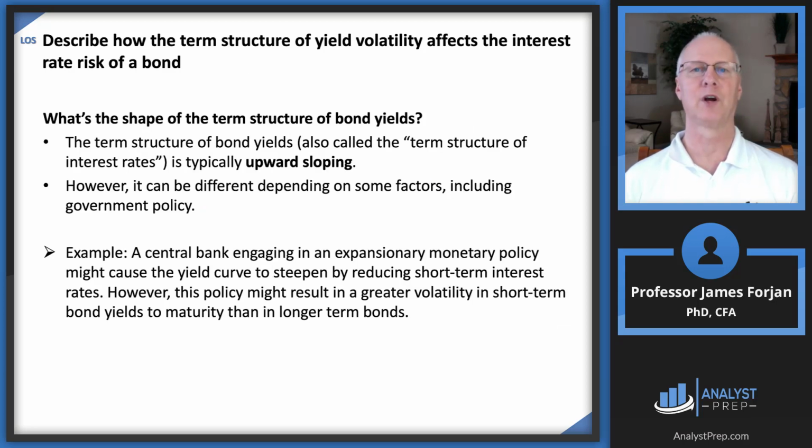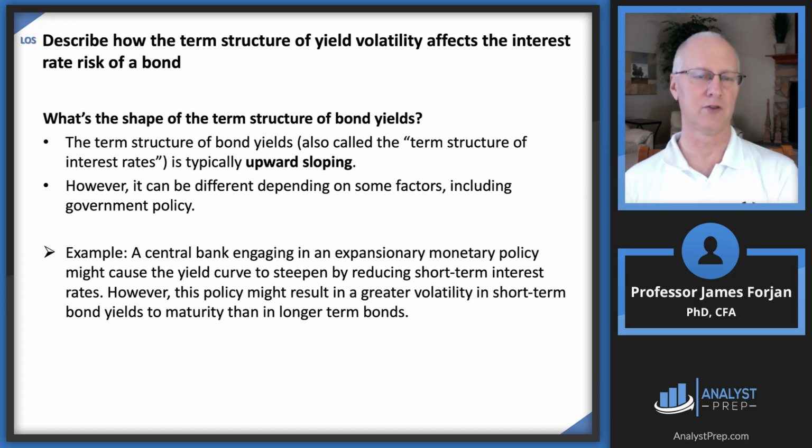How about term structure? How does this affect the interest rate risk? What is the shape of the term structure of bond yields? Now, we did this in a previous reading, right? Term structures, or yield curves, can be upward sloping. In fact, during most economies, yield curves are upward sloping. Let me just remind you that an upward sloping yield curve means that bondholders and investors expect the economy to expand.